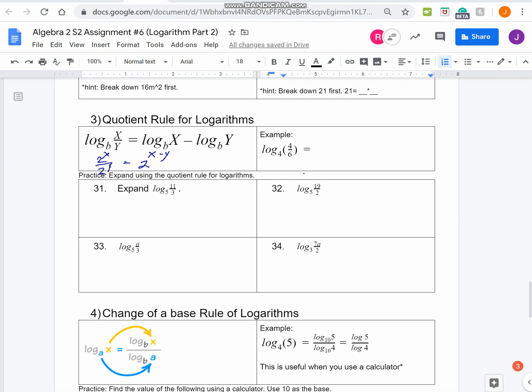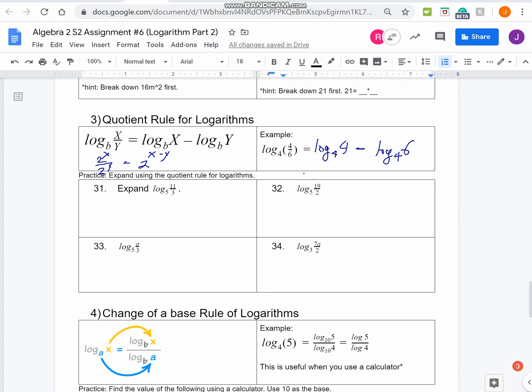So if you are using this rule to expand this example, log base 4 of 4 over 6, I can rewrite this as two separate log expressions, log base 4 and then log base 4, but these arguments are going to be 4, very good, minus the log base 4 of 6.